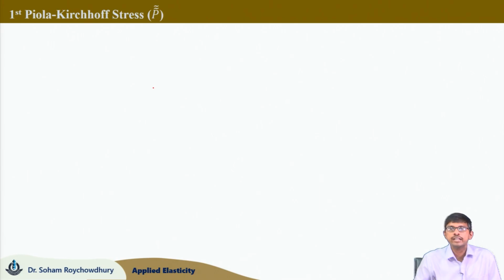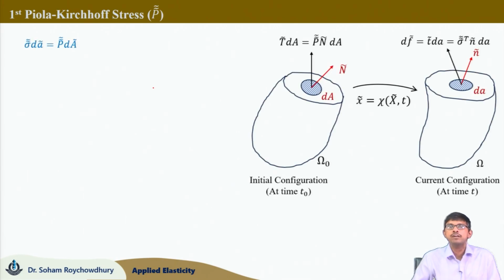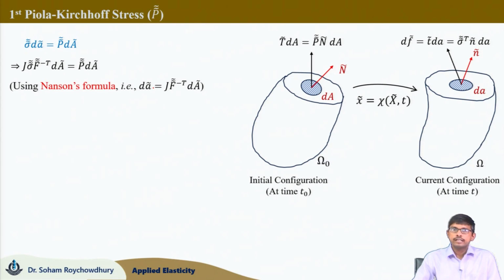The deformed area vector d small a and the undeformed area vector d capital A can be related by the change of surface, or the commonly known Nanson's formula, which we had discussed in one of the previous lectures. So, d small a equals J times F inverse transpose d capital A.